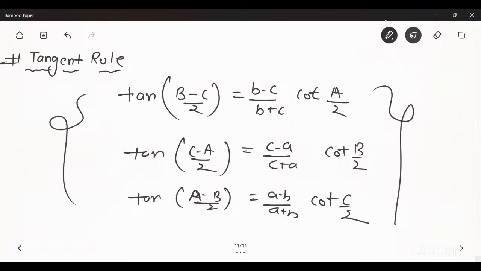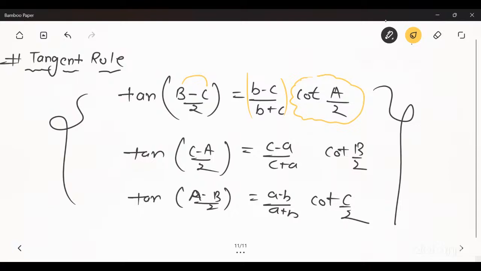Now see how to remember that formula. If b minus c comes in terms of angle, then their corresponding sides b minus c upon b plus c come, and the angle which is left comes in terms of cot.